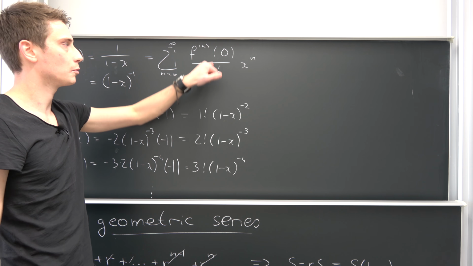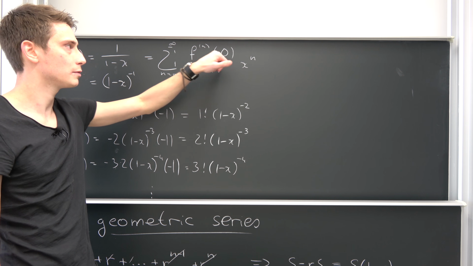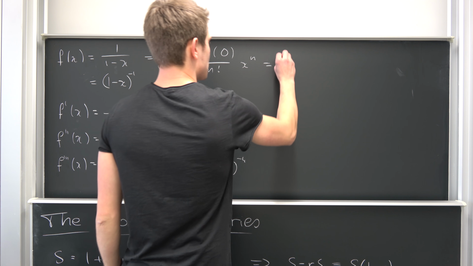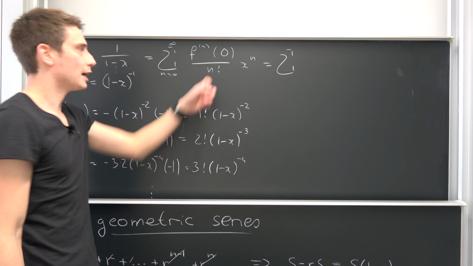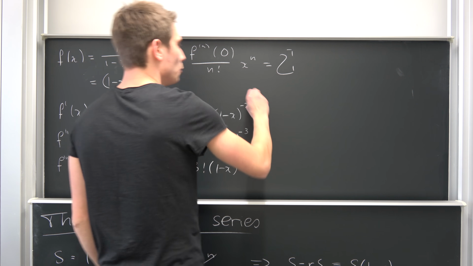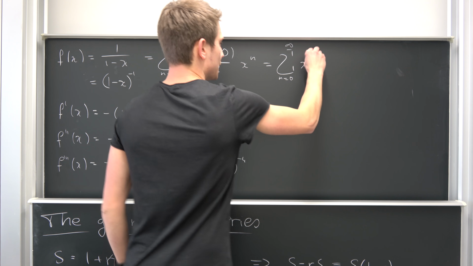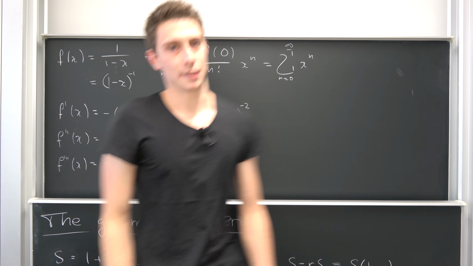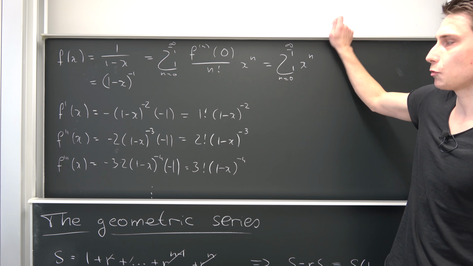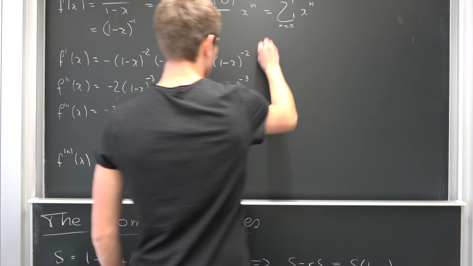So whenever we evaluate the nth derivative at 0, this is just going to give us n factorial. And you see n factorial and n factorial is going to cancel out to just 1. So this is nothing but what we have already gathered. That was quite easy.